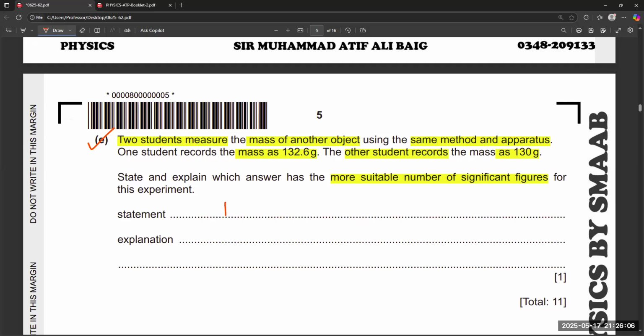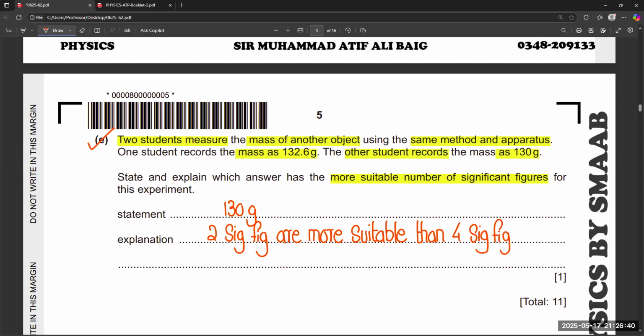So in his statement, 130 grams, two significant figures are more suitable than four significant figures in 132.6.